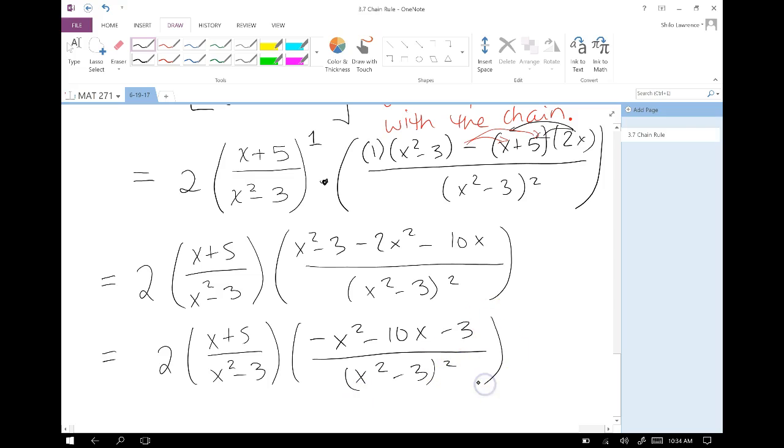I'm going to rewrite this one more time. Since it's all multiplication, I'm just going to put it all in one fraction, especially since our denominators have the same factor in them. I can just say I've got a cubed in the denominator. That might make it look a little nicer.